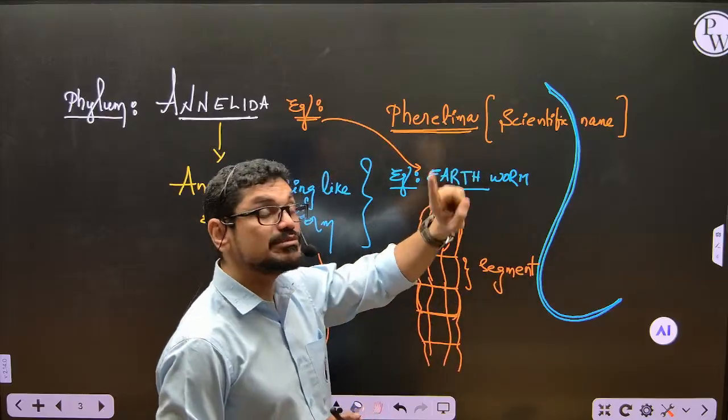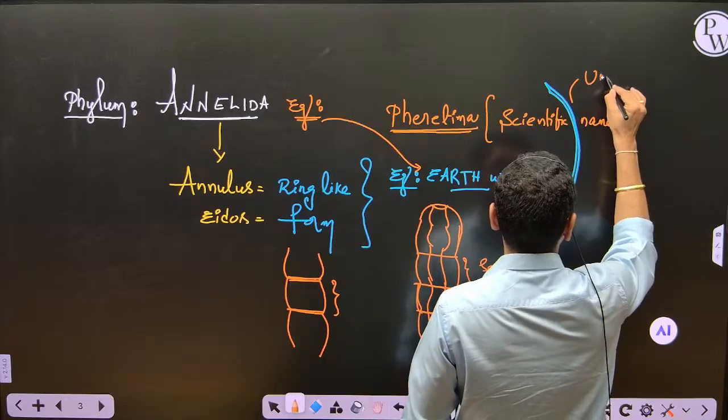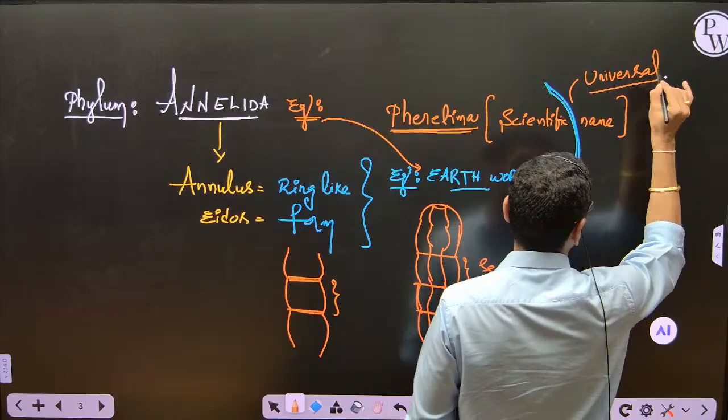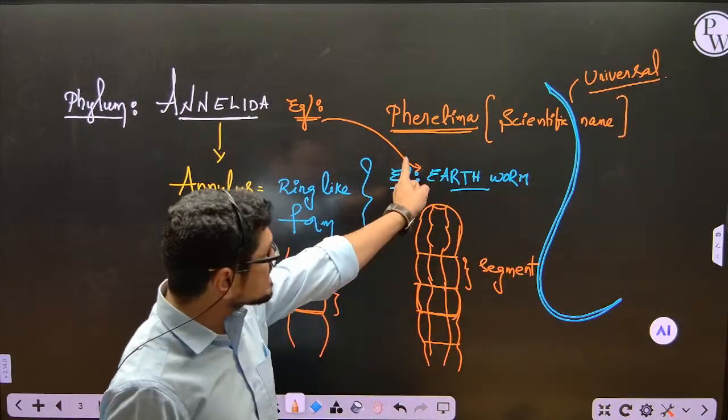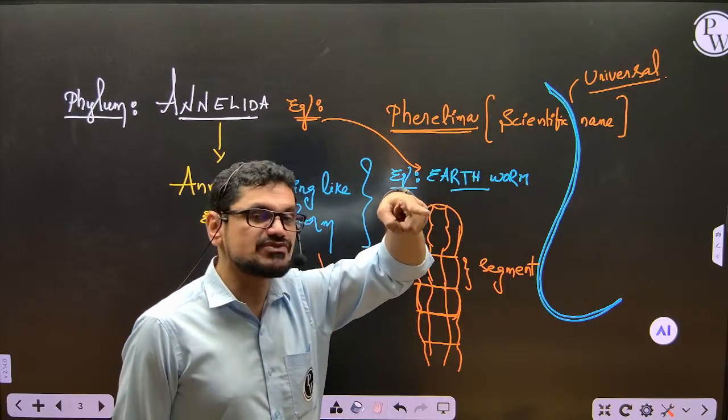The scientific name is universal. It is common throughout the world. So the common name is not universal. Common names will change from place to place, whereas the scientific name will not change from place to place.